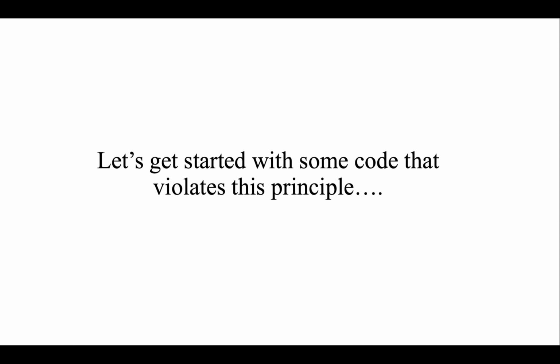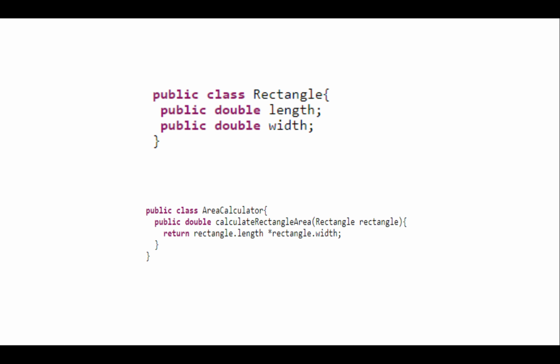So now let's get started with some code that violates this principle. As part of an example, I am going to design a small utility which will give us the areas for a shape. So for example, let's say I have a rectangle class which is a shape, and I'm going to create a utility, area calculator, which will have the method which will calculate the area for the shape.